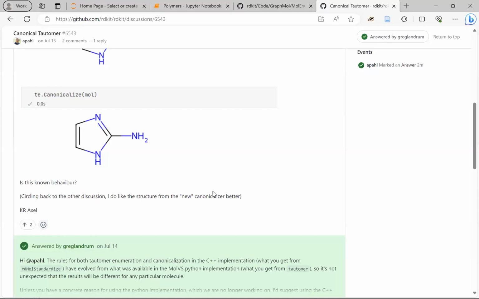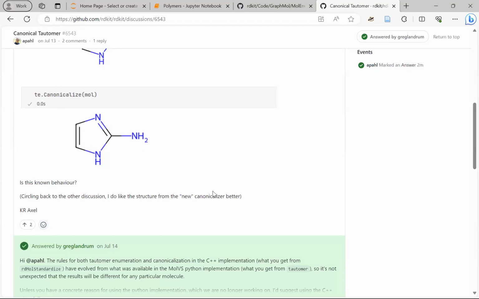I think just as an aside, one of the points that should be made is that the reason I wanted to have a canonical tautomer was so that you could have two tautomers of the same molecule and say that in fact these are the same thing, at least at a tautomeric level. And being able to answer that question is the only reason the canonical tautomer thing is in the RDKit at all.